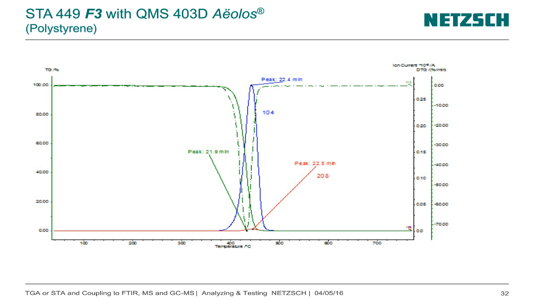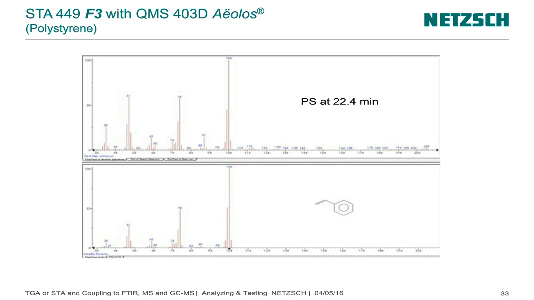And if you then go into the database and compare it, you see that at first hit you have the styrene, but there are still some other mass numbers in the higher region and also in the lower region. In the lower region, between the 78 and the 104, you see the 91. This probably comes from toluene.